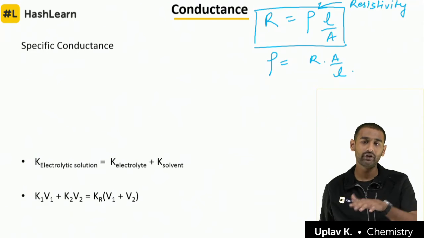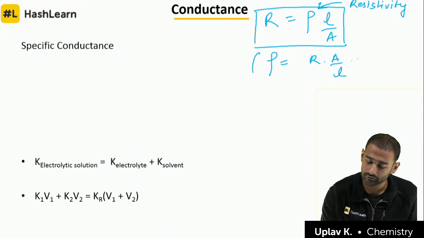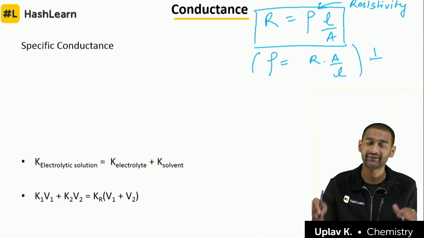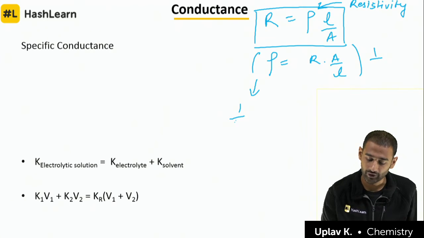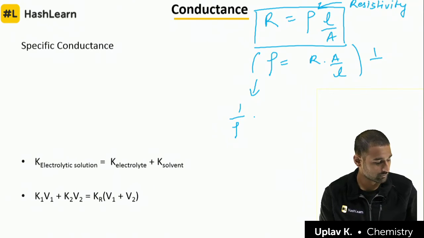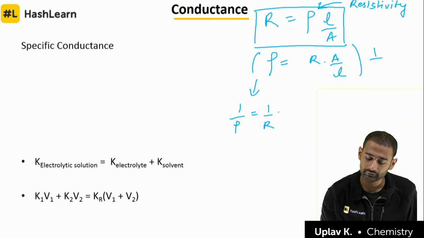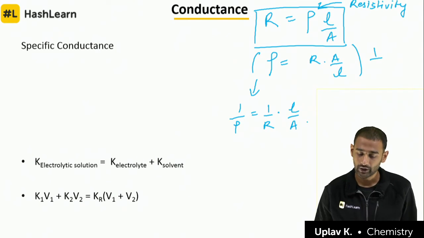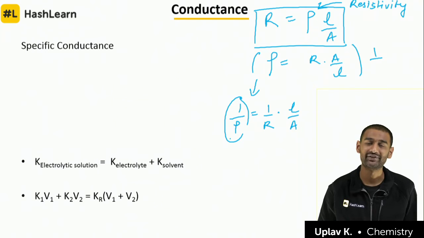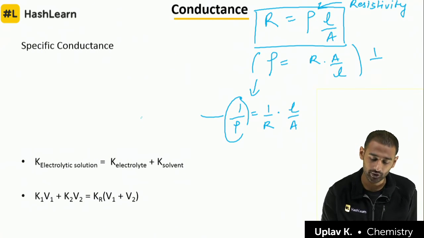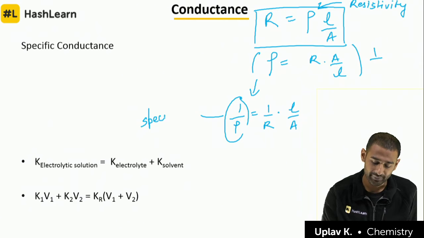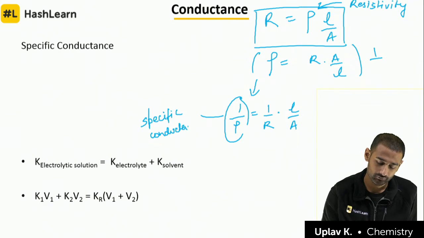Now if I basically take 1 by of the entire thing, I'll get 1 by rho will be equal to 1 by R into L by A. I'll get this equation. Now 1 by rho is basically 1 by resistivity, so this thing is called specific conductance, right?